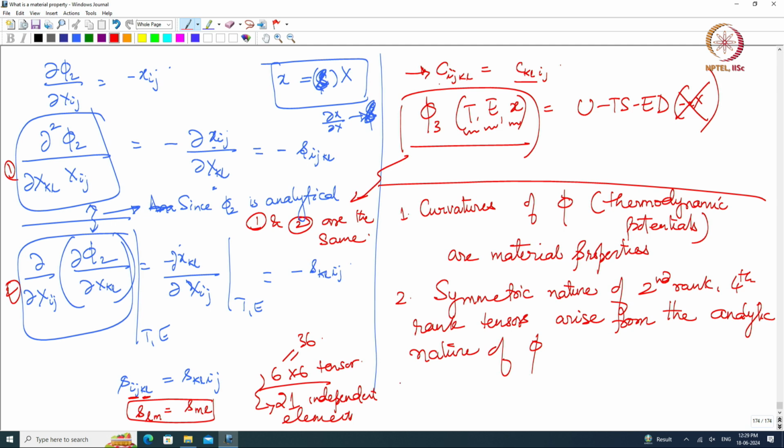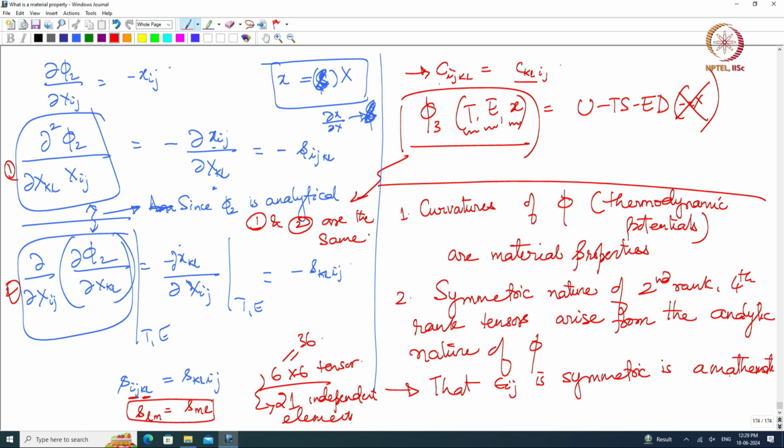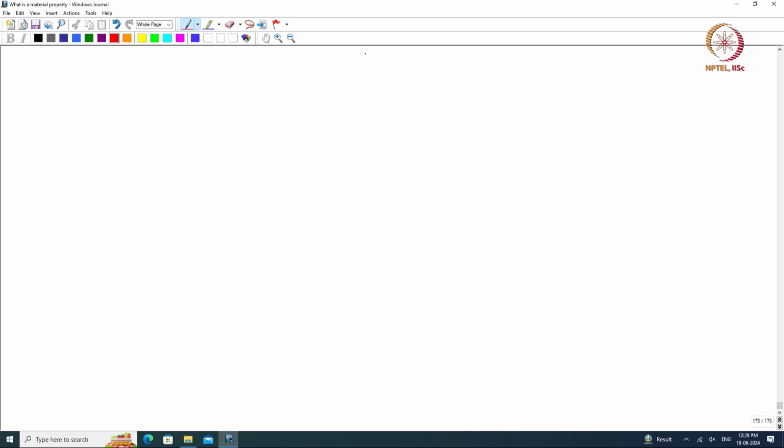So, for example, epsilon ij is symmetric is a mathematical fact. Okay. All right. So let us look at what are the other potentials.